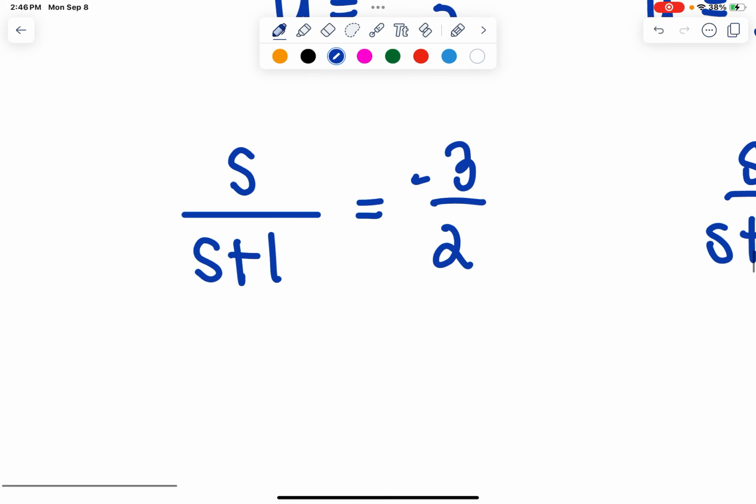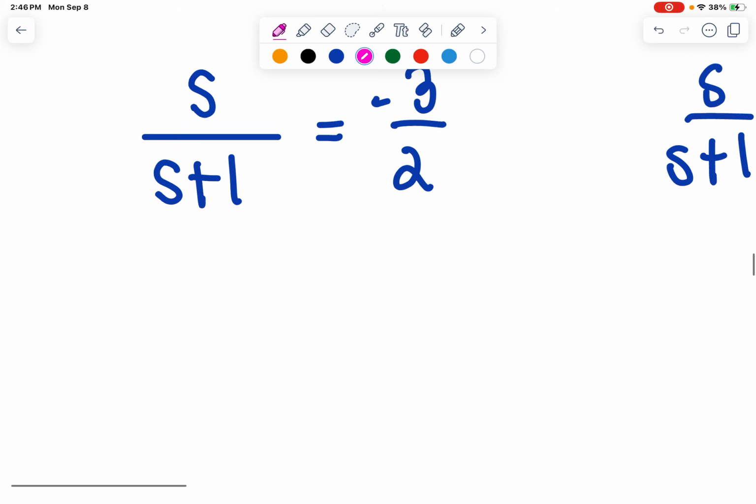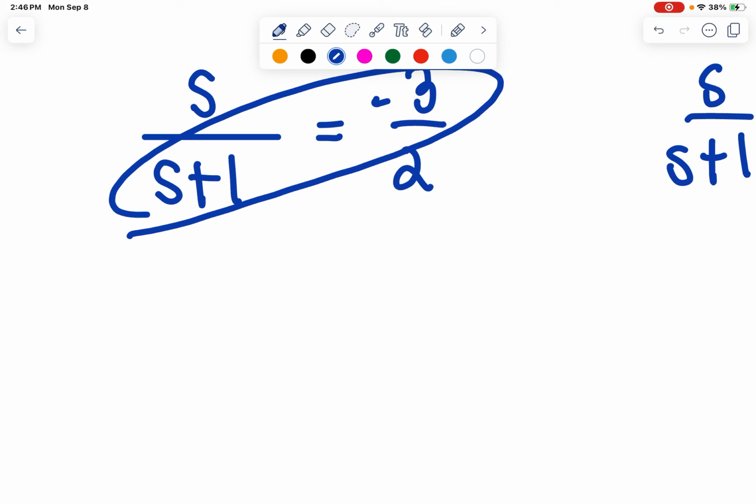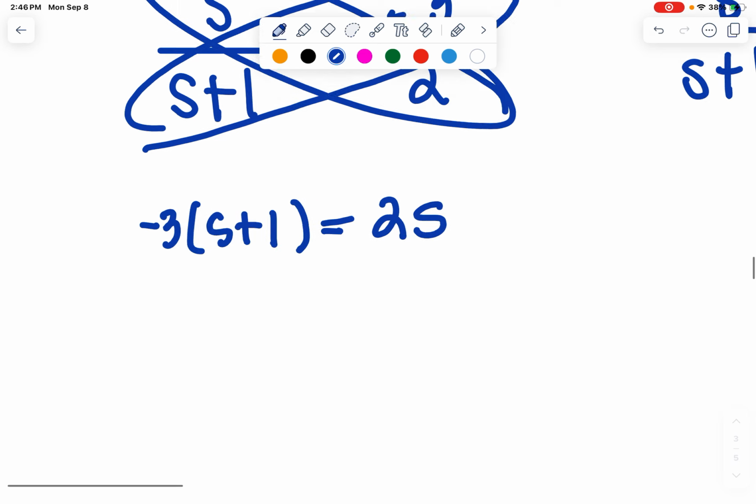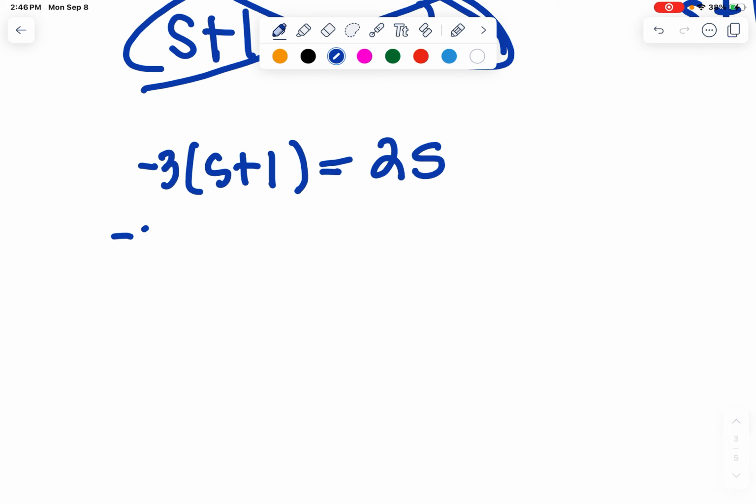Okay, this is a proportion. The easiest way to solve it is by cross multiplication. So that's what I'm going to do, multiplying straight across. I have negative 3 times s plus 1 is equal to 2s. Did I mention that I hate that there's s's in this because they look like 5s? I do. Distribute your negative 3.